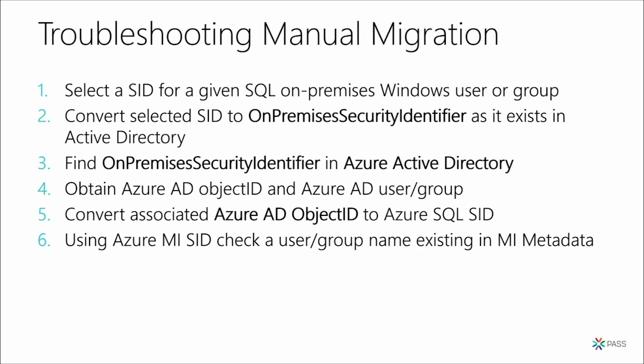We have one specific identifier that I'd like to show you that walks through the whole cycle. And this is the on-premise security identifier that originates in Active Directory. So when I have this Active Directory identifier and I create the Windows user in SQL, we take this identifier and convert it to a SID.